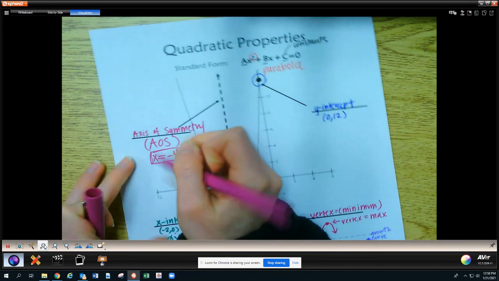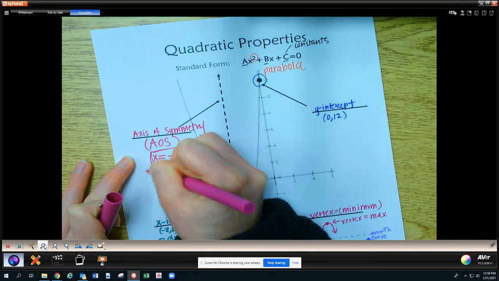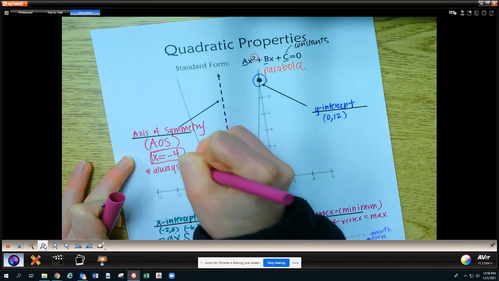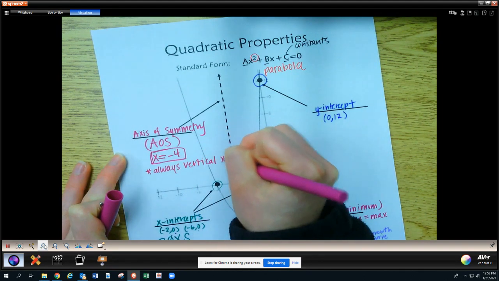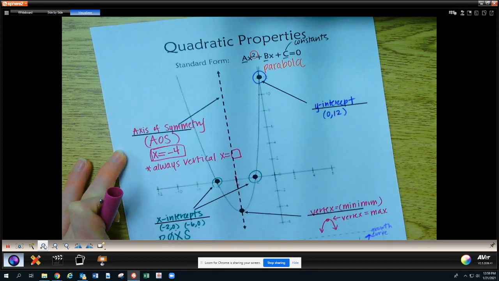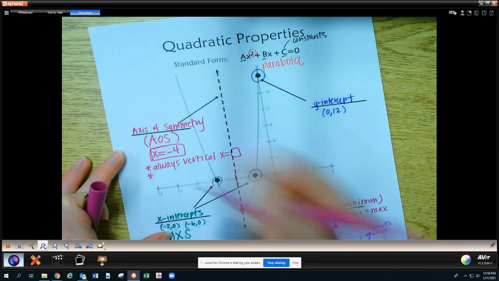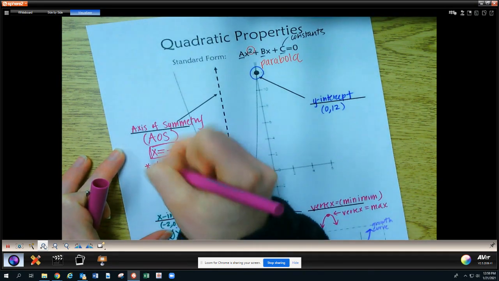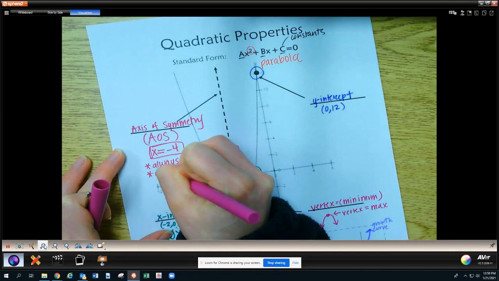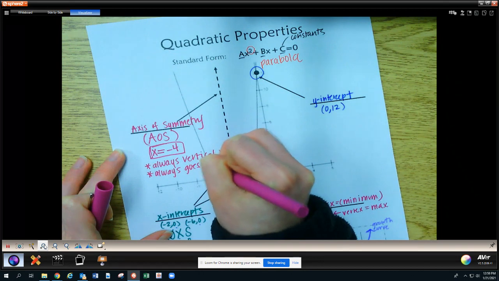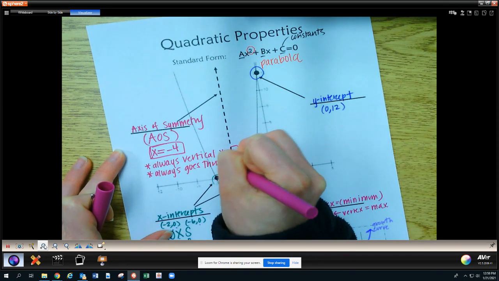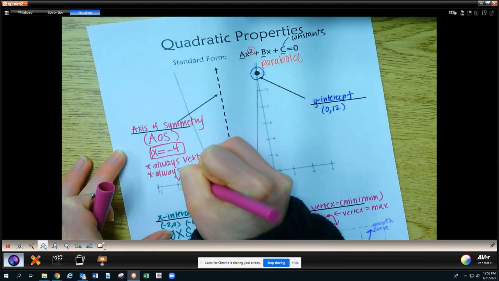And so some key things you want to remember is always vertical. And so it has an x equals equation. The other thing you want to remember is that it always goes through the vertex.